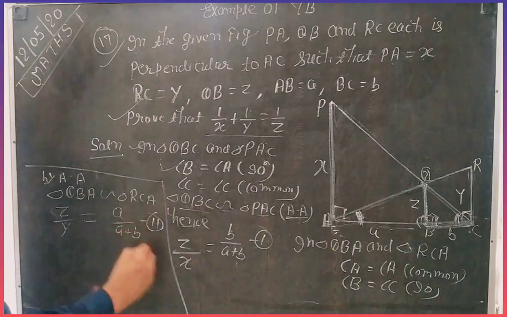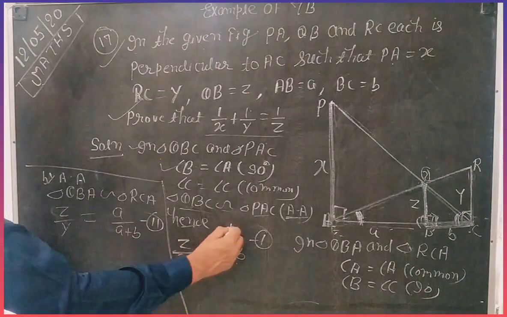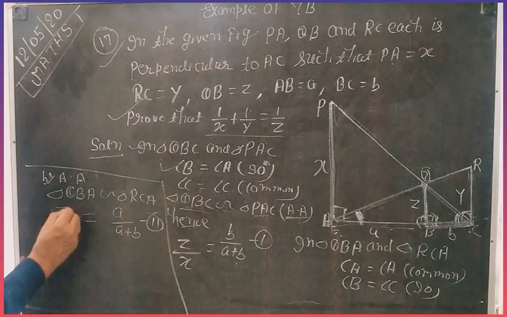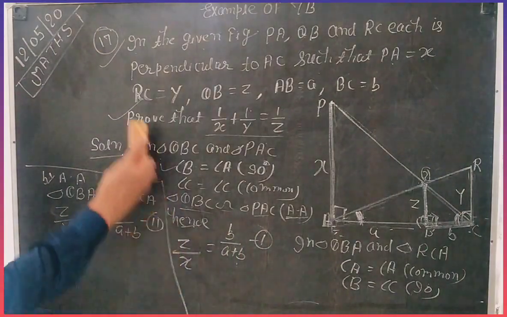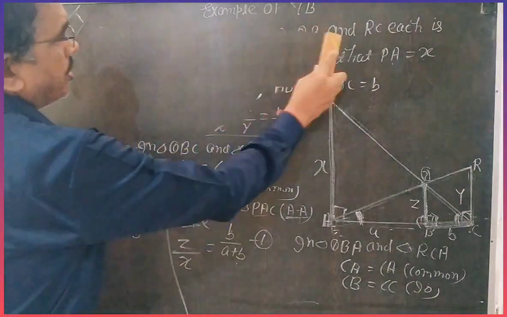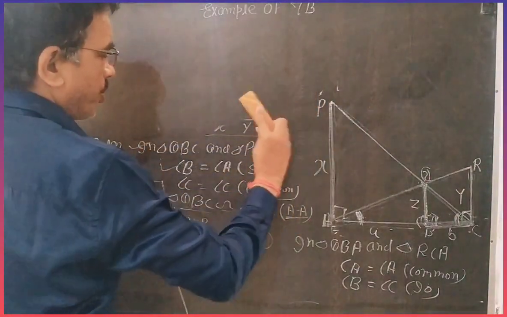It is the second equation. First equation Z by X is equal to B by A plus B, and second equation is Z by Y is equal to A by A plus B. Now dear friends, I write here adding both equations.